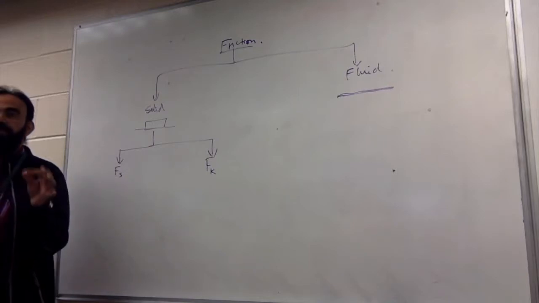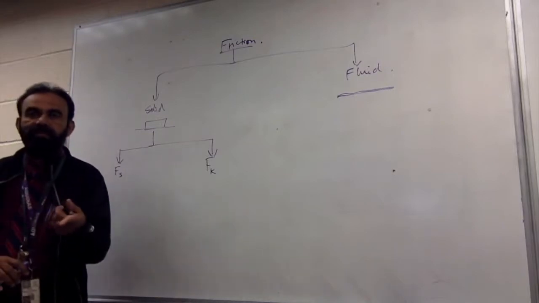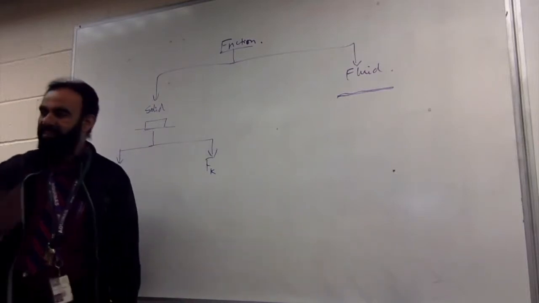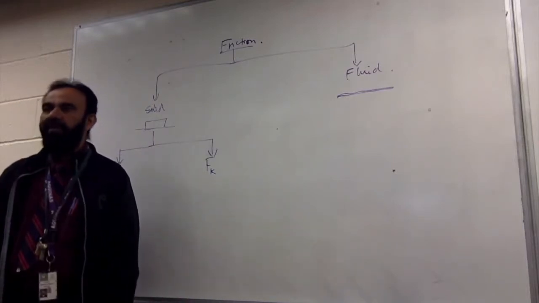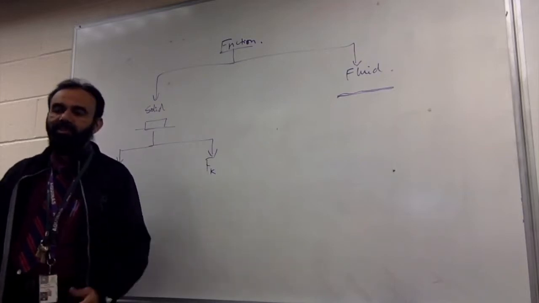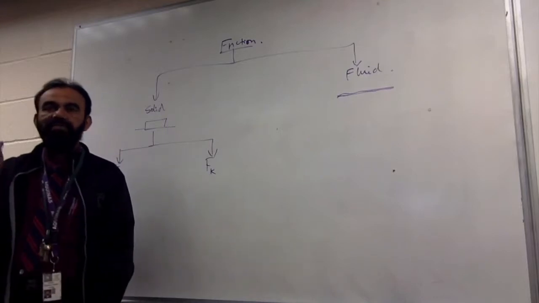Can static friction be 0? What's the static friction on the book right now? 0. The static friction on the book is 0. Why? Because nobody's attempting to apply a force on it, and therefore there's no need to apply an opposition. You understand what I'm saying? So the book, right now, the static friction is 0.